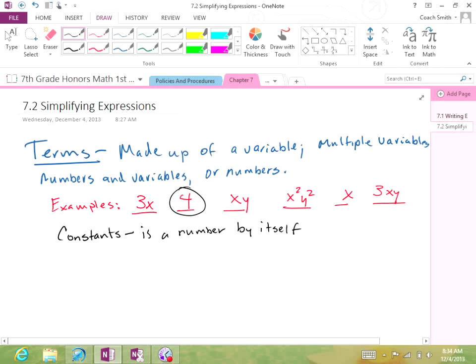Okay, 3x is not a constant. Why would you think that 3 times x would not be constant, Derek? Right, but why? Why would it not be constant? Okay. Yeah, that's what the definition says.